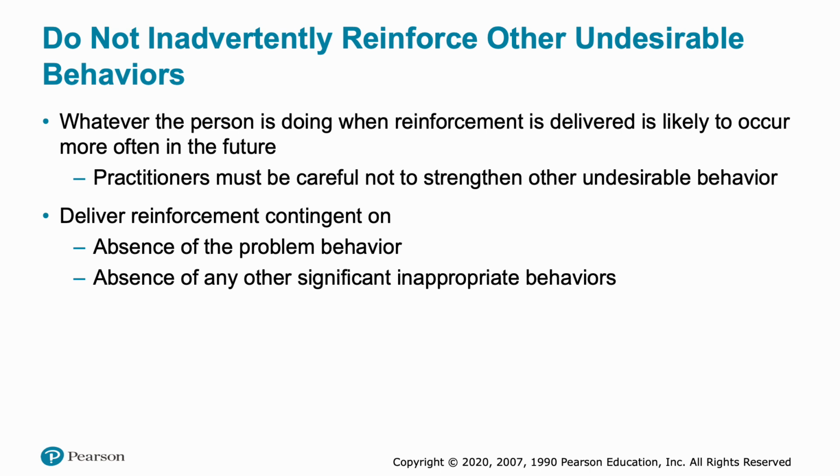So whenever possible, you want to deliver reinforcement contingent on the absence of the problem behavior that you are targeting for reduction, and if possible, also contingent on the absence of any other significant inappropriate behaviors. If you can delay delivering reinforcement until none of these problem behaviors are occurring, that would be the best, because otherwise you would be delivering reinforcement for a different problem behavior, which means that behavior is going to be maintained and more likely to occur in the future because you're delivering reinforcement for it.